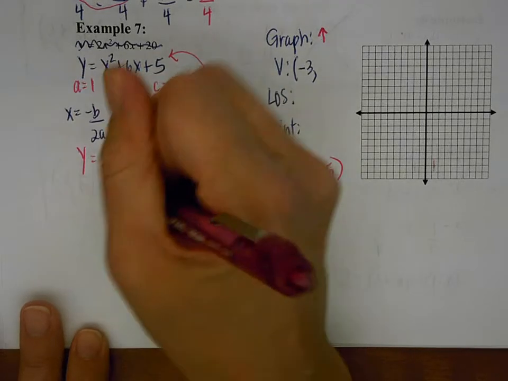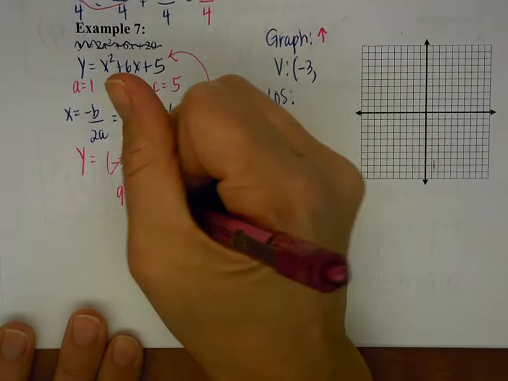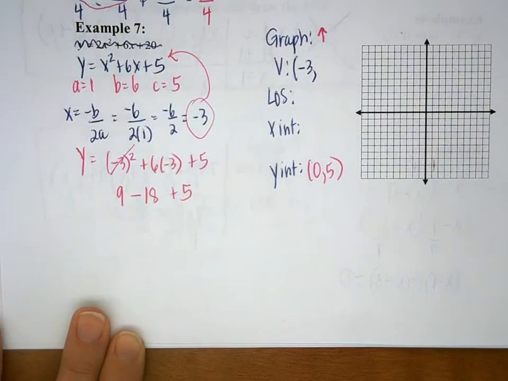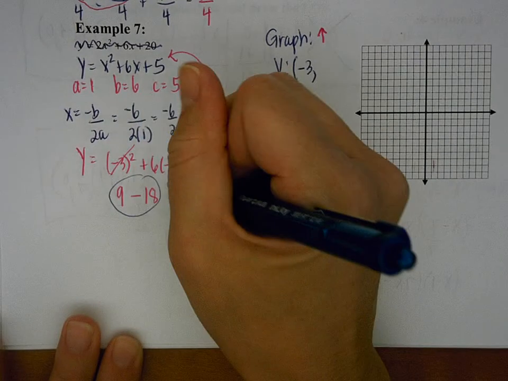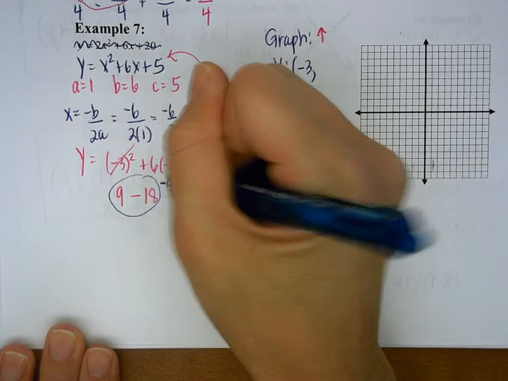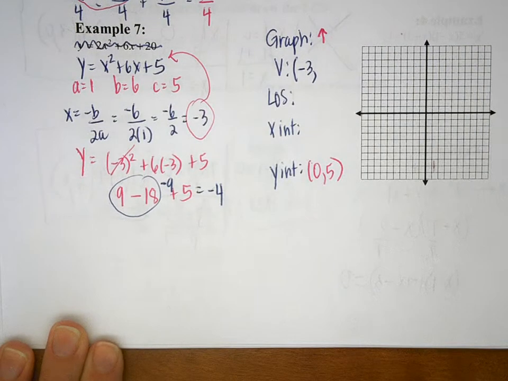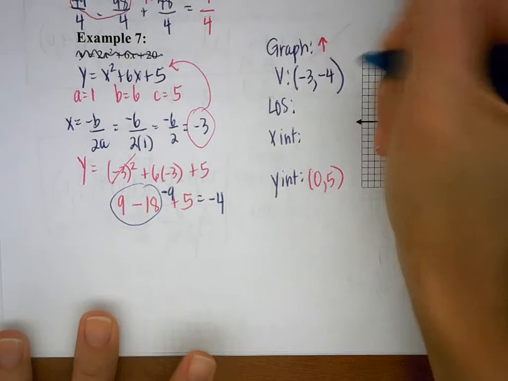What is 6 times negative 3? Negative 18 plus 5. And we simplify. 9 minus 18 is negative 9, and negative 9 plus 5 is negative 4, so the y value of my vertex is negative 4. What is my line of symmetry?